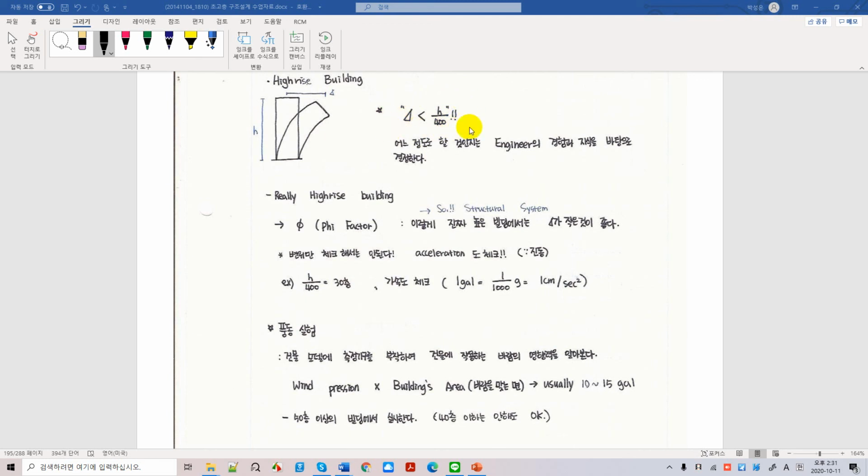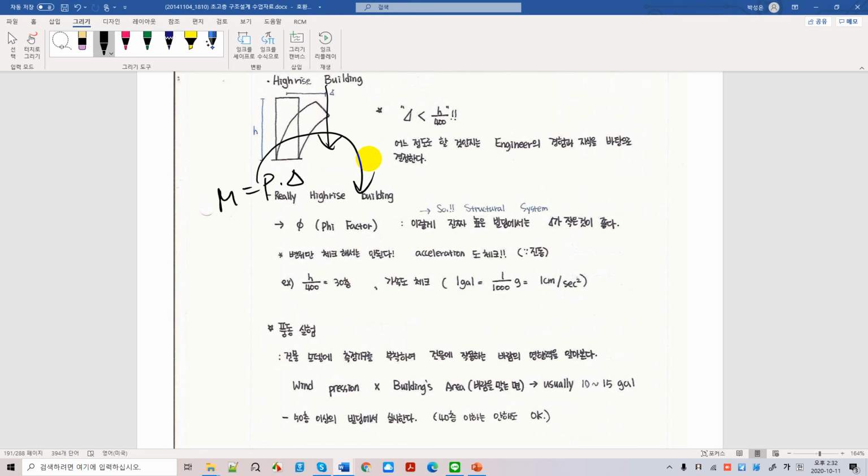The building vibration can cause unpleasant conditions for the tenant. And also, if you have excessive deflections on the top of the buildings, then it may cause a secondary moment, as I explained in previous lectures. Right? So the secondary moment, M equals P delta.